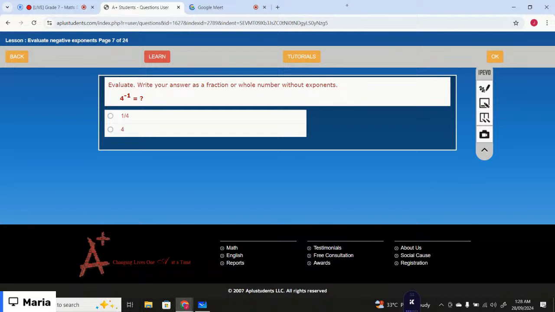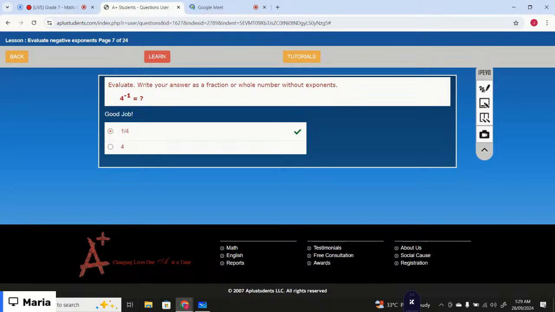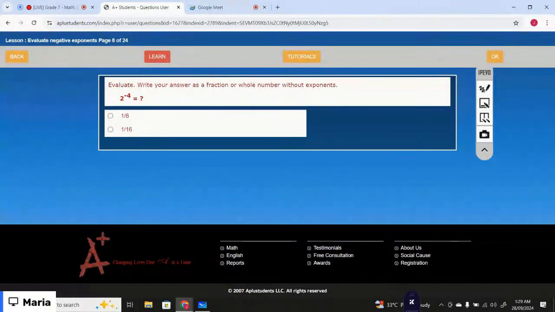That is 1 over 4. Two exponent negative 4, which is the correct option? That is 1 over 16.